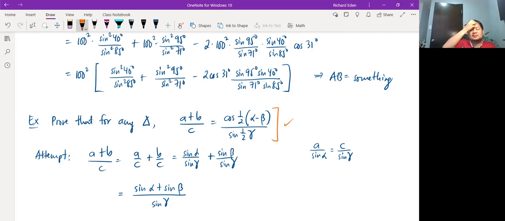I think it would be easier at this point to turn back and convert the right side into this neat form. We've already started. So we have cosine of half of (alpha minus beta) over sine of half of gamma. If you're going to convert that into (a + b) over c, where would you start?